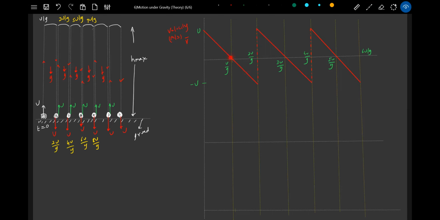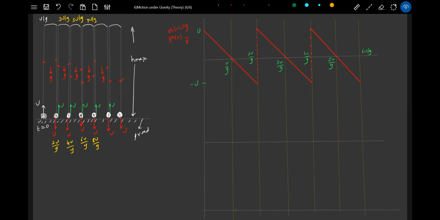It's a velocity, because at t equals 0 the velocity is upward. After u by g, the direction of motion changed, but the acceleration due to gravity acts vertically down only. So this is a retardation, this is an acceleration. The curve should be like this. Why should they have the same slope? Because the direction of motion changes, not the acceleration due to gravity.